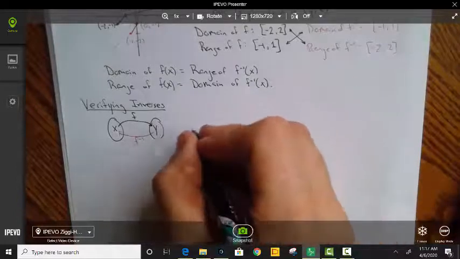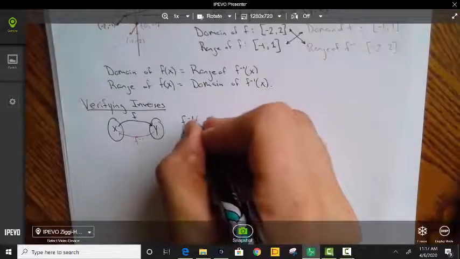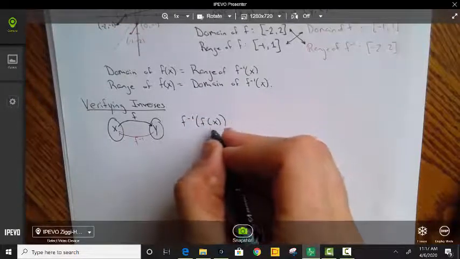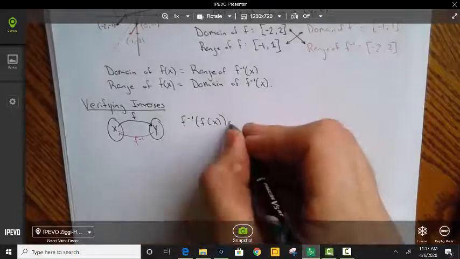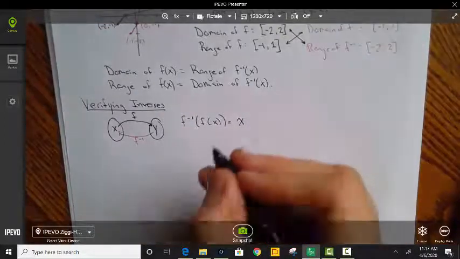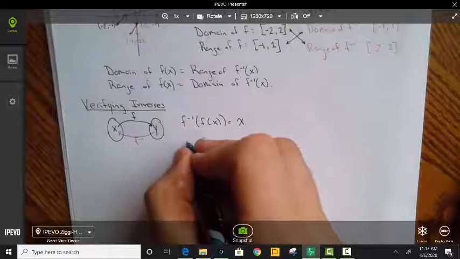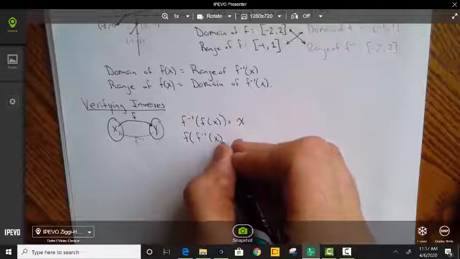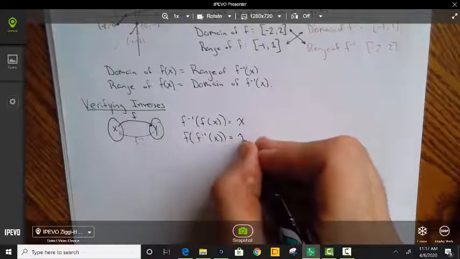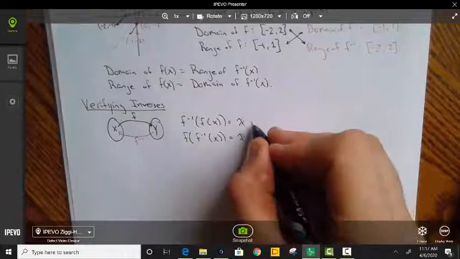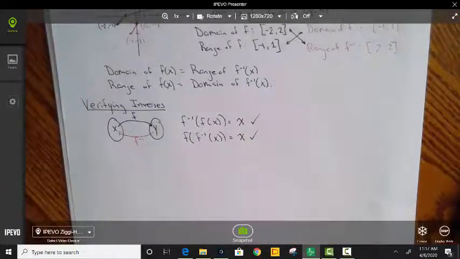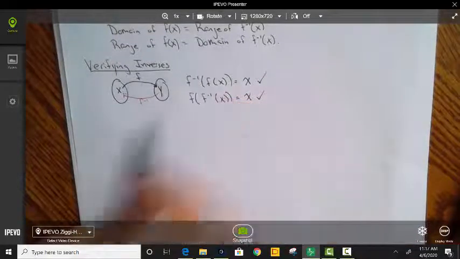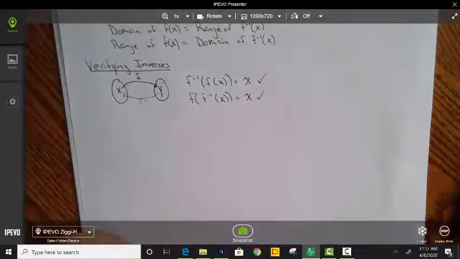So what that means is f inverse of f of x. If we apply the original function first and then the inverse function, the answer should always be x. Now, also, if we apply the inverse function to an x value and then the original function, we should get x. So if we want to verify two functions are indeed inverses of each other, we have to verify that if we plug one function into the other, it gives us x, and we have to do that in both directions.